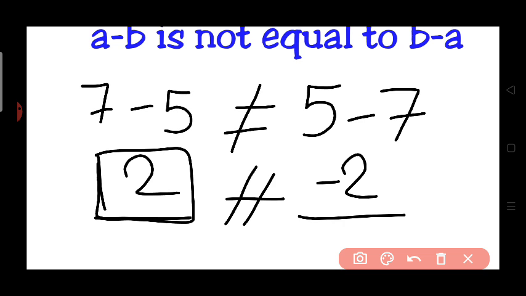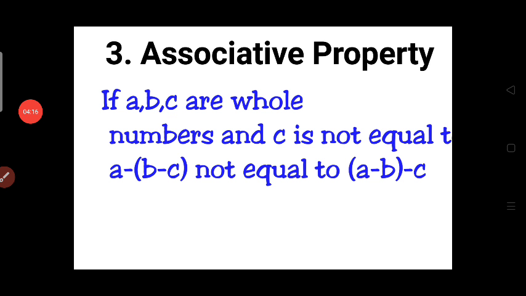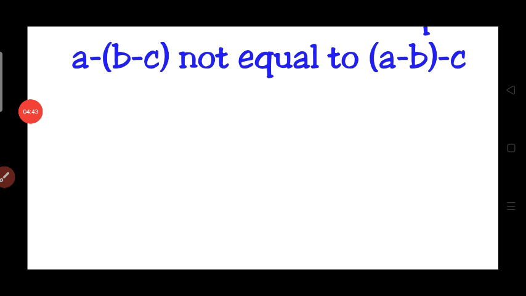Next is associative property. If a, b and c are whole numbers and c is not equal to 0, then in general a minus (b minus c) is not equal to (a minus b) minus c. Okay, this is associative property. I will explain with the help of an example.